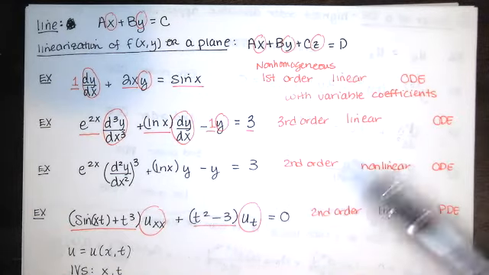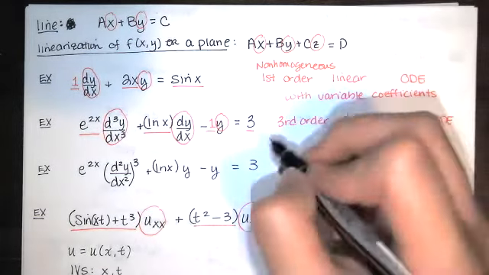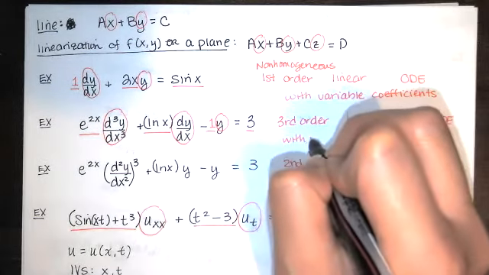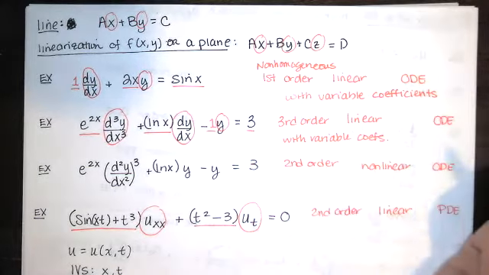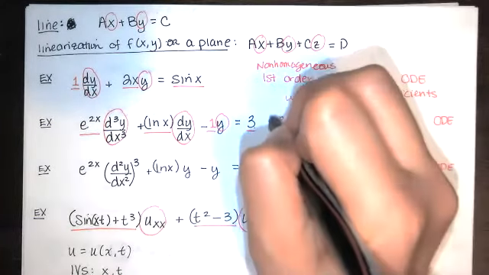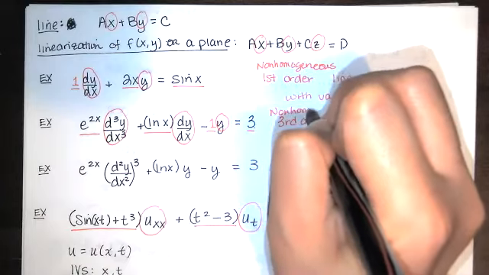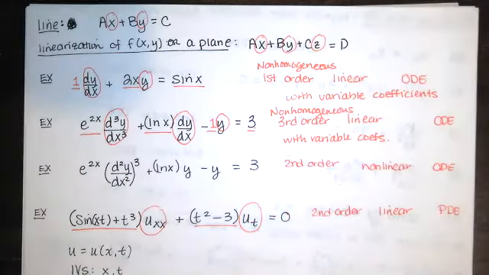This is a third order linear ODE. It has variable coefficients. And it's non-homogeneous because we've got a 3 over here. So this is a non-homogeneous third order linear ODE.